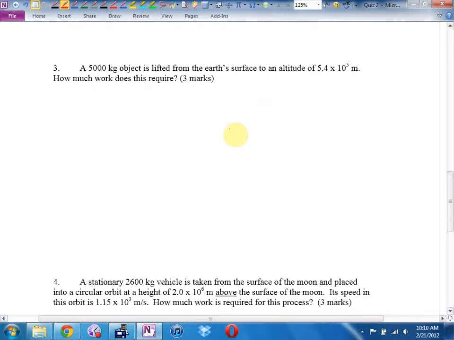Number 3. How much work does this require? Are we in orbit? Well, when they say lifted, that implies no. We're going to start out by saying work is the change in potential and the change in kinetic.